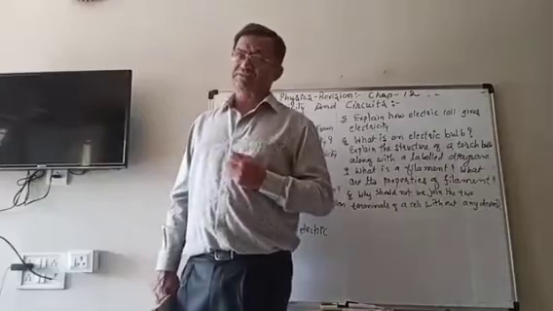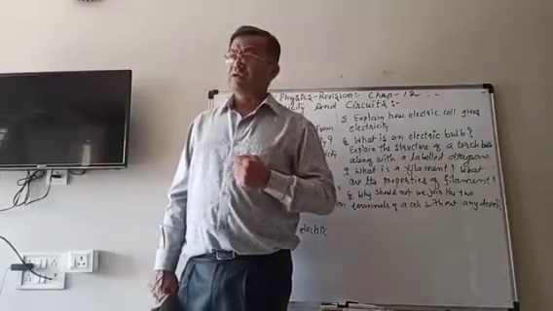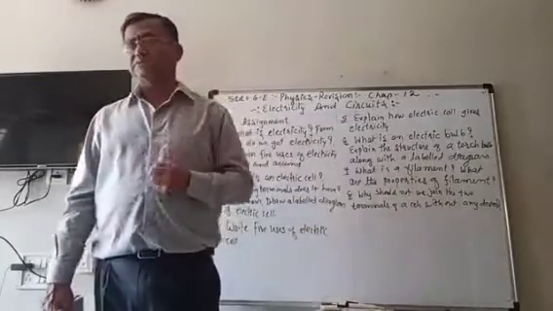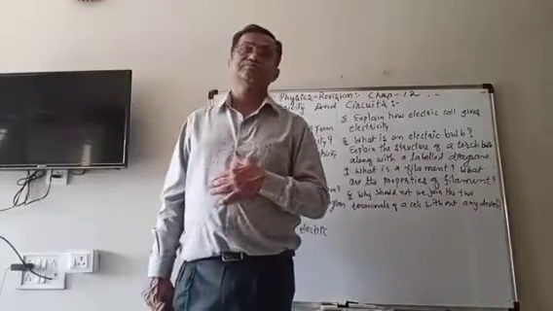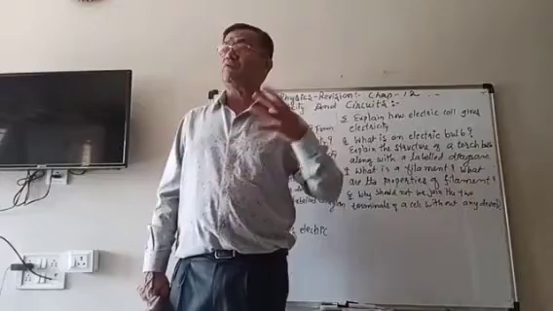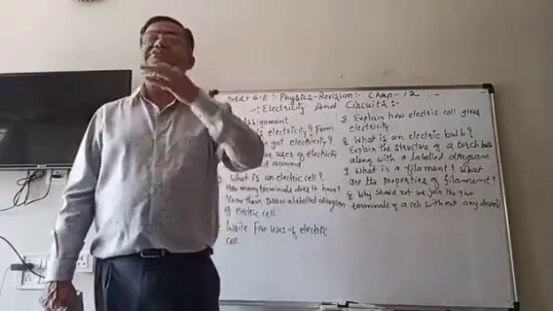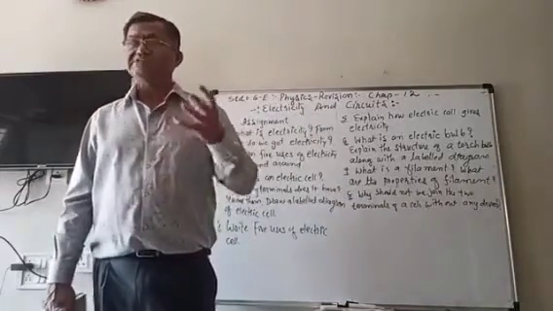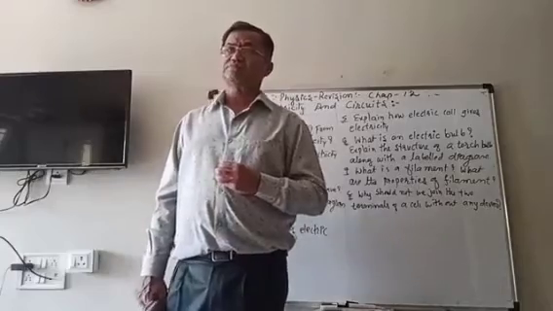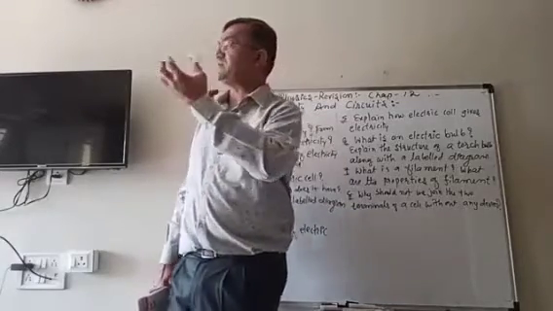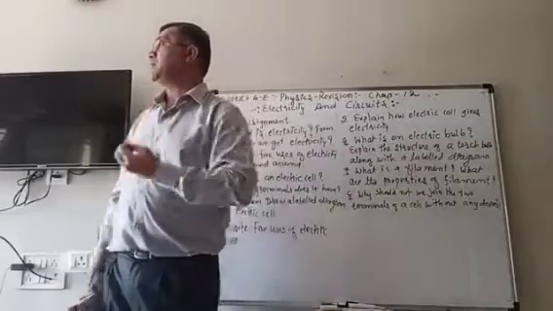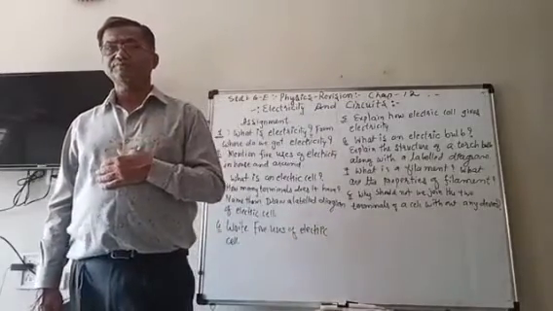Now sometimes it is not possible to get this electricity everywhere. In this situation, from where do we get electricity? In some devices, we don't use the current that is coming from the powerhouse.